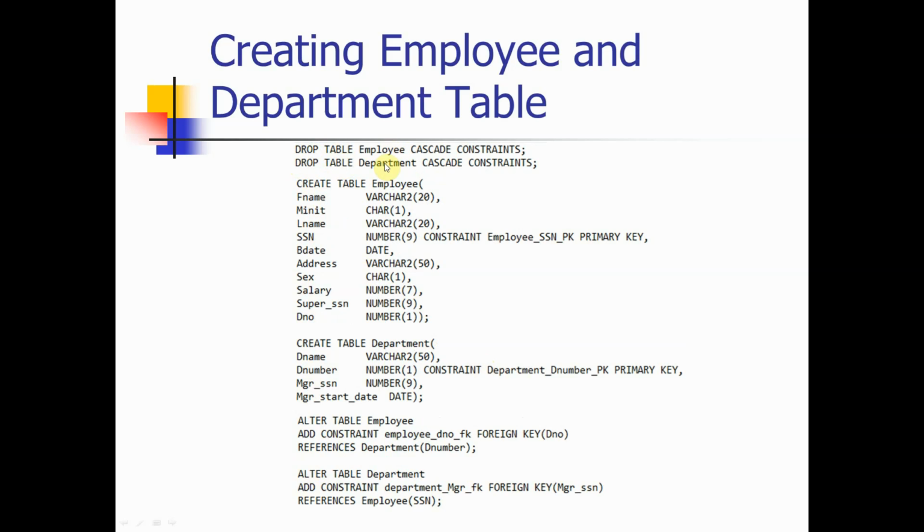Why do I do that? You need to understand one thing. Oracle remembers everything. So if you want to rerun a program, Oracle is not going to let you create an employee table while it already has an employee table. You may have had these experiences in your assignments already.